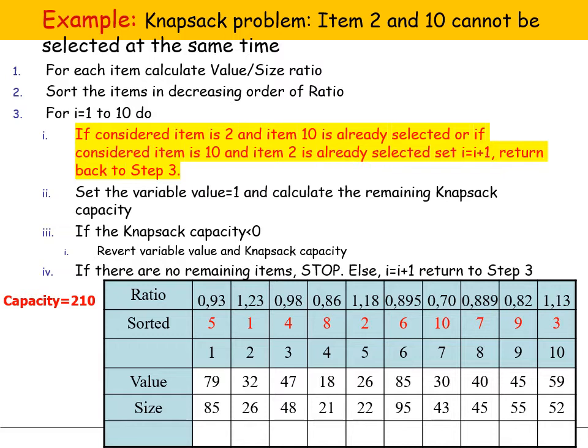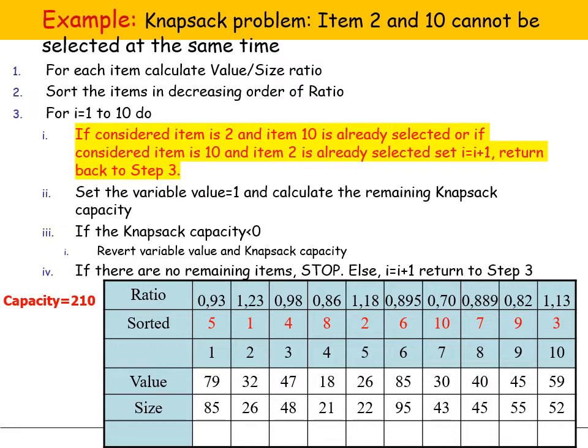In this example, we have 10 items. Each of them have their own benefits, utilities, and their sizes. And we have a knapsack with a certain capacity. In this example, the capacity is 210. And we want to select, this is a 0,1 knapsack.